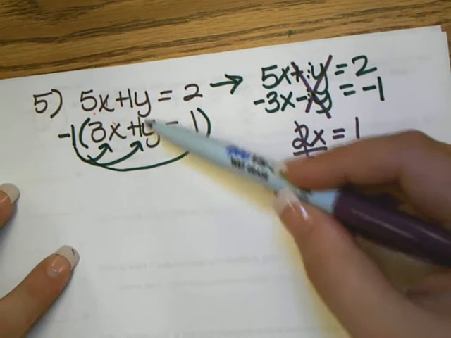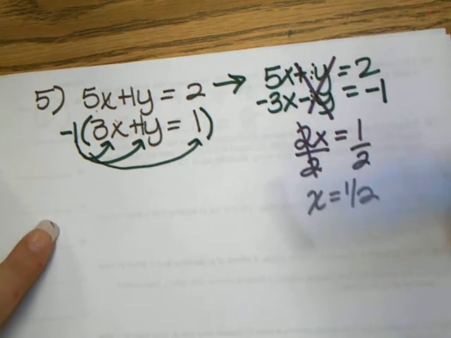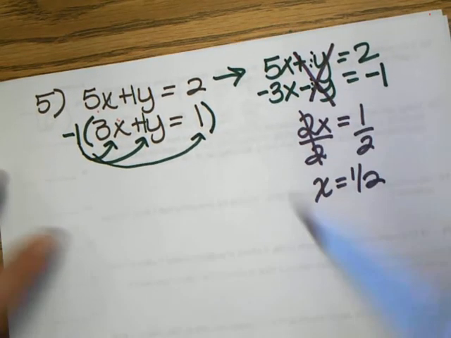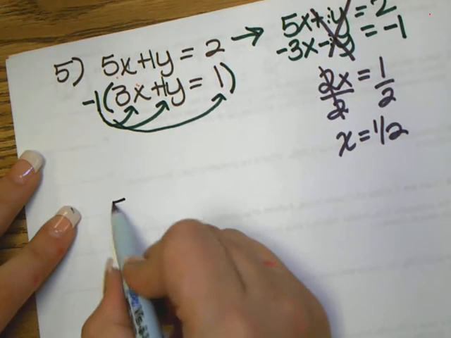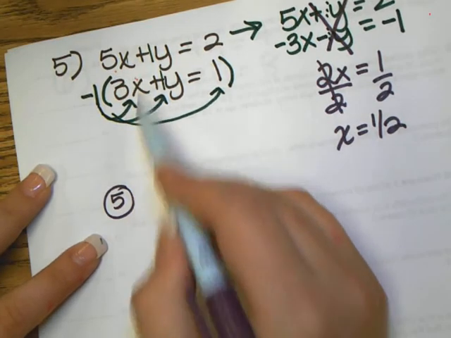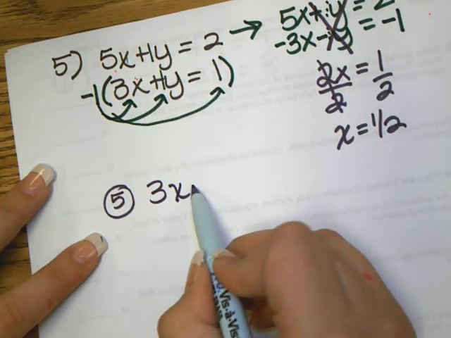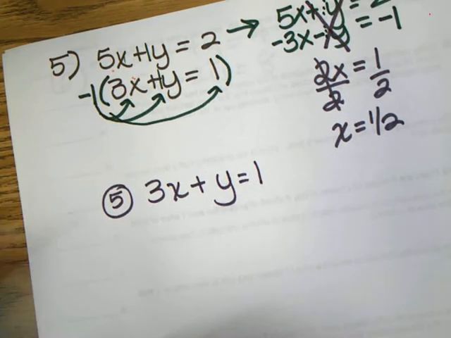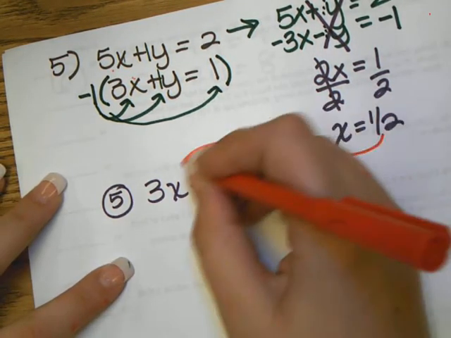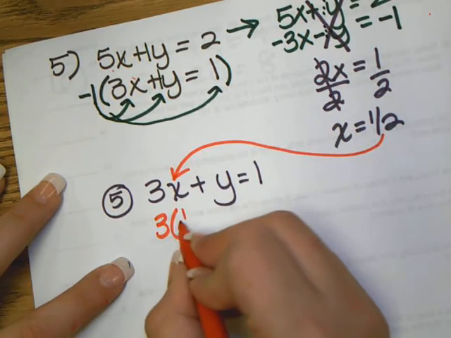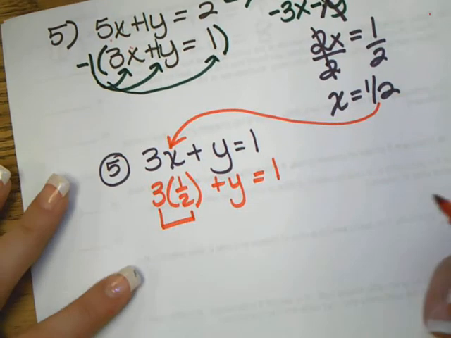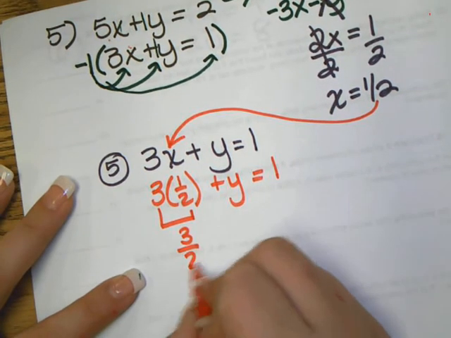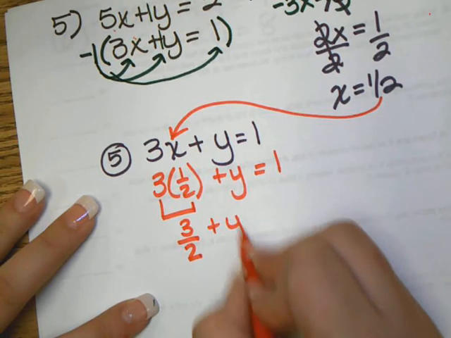Okay, then to get the y value, we need to take 1 half and plug it back in to one of the original equations. It doesn't matter which one. So to do the last step, step 5, I'm going to pick one of these. I'm going to go with the bottom equation just because the numbers are smaller, but it doesn't matter. And I'm going to take the x, and I'm going to replace x with 1 half.